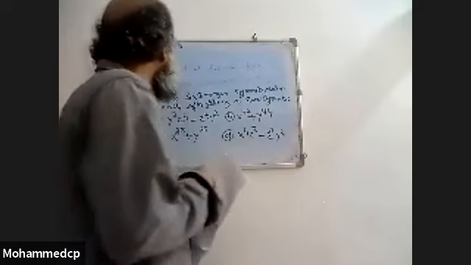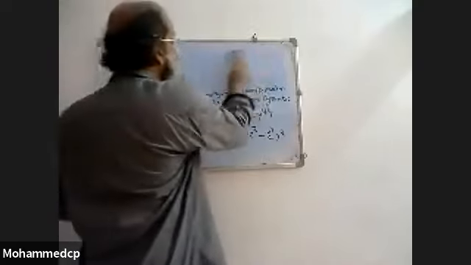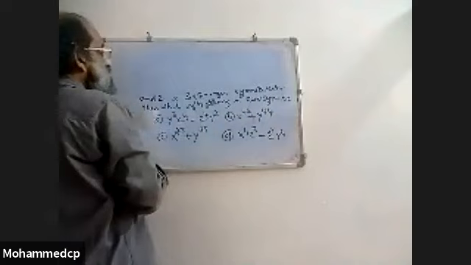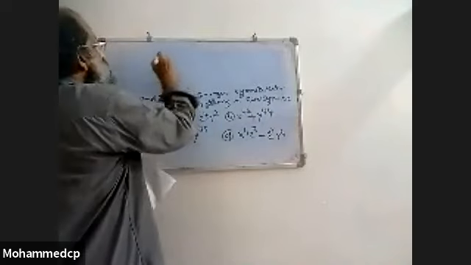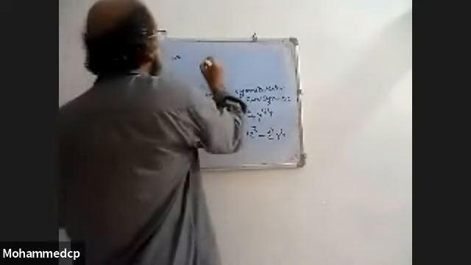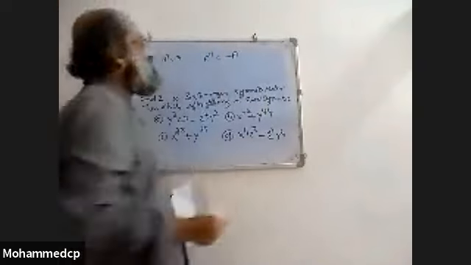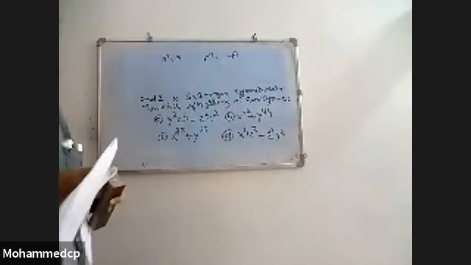So the idea we use here is: A is a symmetric matrix if A transpose equals A, and skew symmetric if A transpose equals minus A. That is the definition.